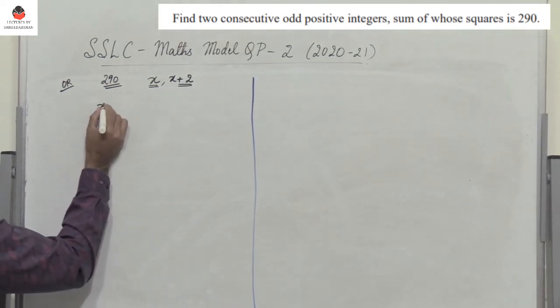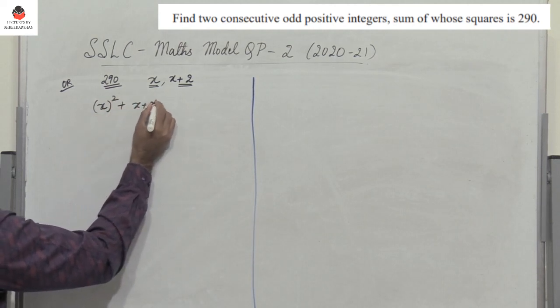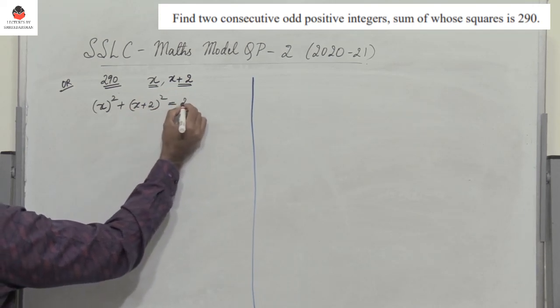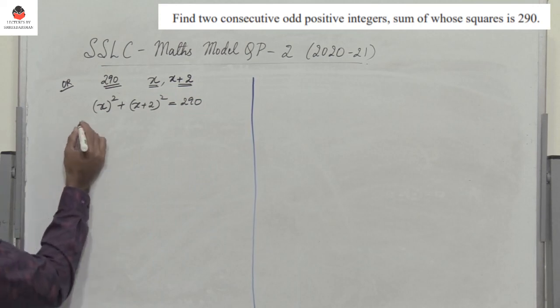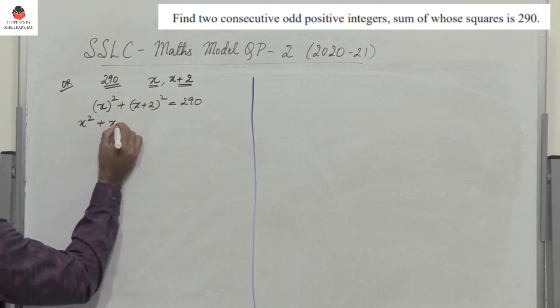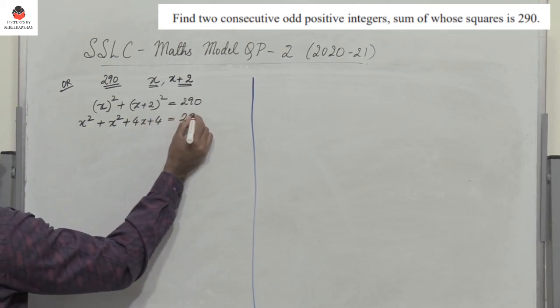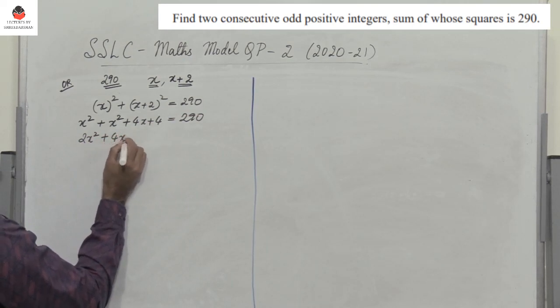So now the sum of the squares, that means x square plus x plus 2 the whole square. I am taking the square of both of them and I am adding. That is equal to 290. So I need to find the two numbers. So x square plus x square plus 4x plus 4 equals 290. So I have 2x square plus 4x.